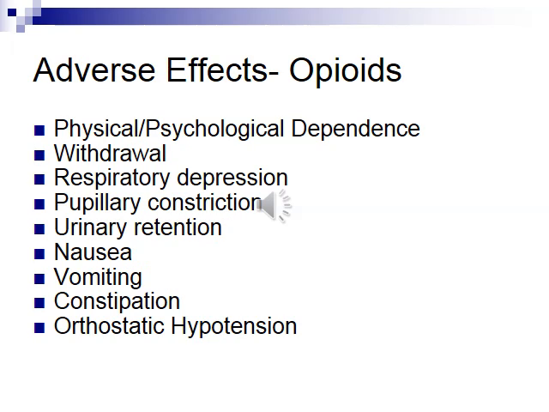So going over some of the adverse effects of opioid-based medication, one of the obvious ones is going to be your physical and psychological dependence. So a high possibility of abuse with these medications, and that's why they get listed as controlled substances, because of the potential for abuse. Withdrawal, respiratory depression, constriction of the pupils, urinary retention, nausea, vomiting, constipation.